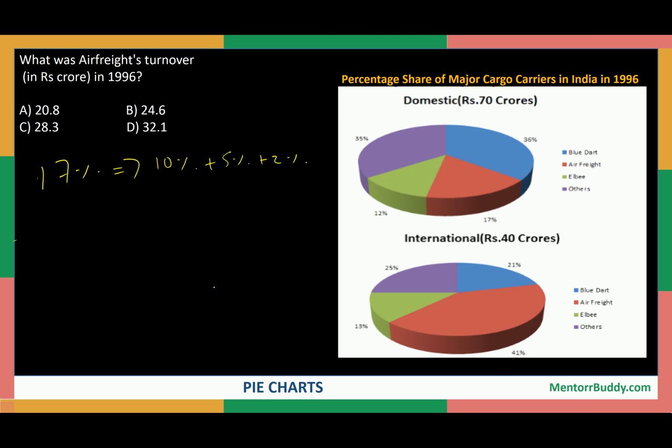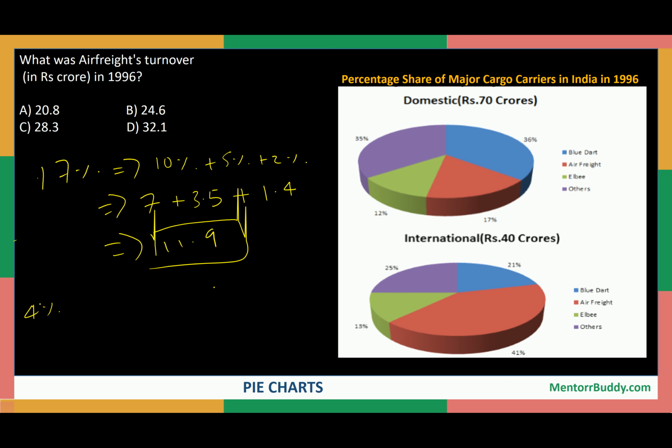Of 70 we can easily say that 10% is 7, 5% is 3.5, and 1% is 0.7, so 2% will be 1.4. So 7 and 3 is 10, and 1 is 11, so 11.9 is the answer. This way we get the domestic turnover. Similarly, 41% is the international share of air freight, which is 40% plus 1%.